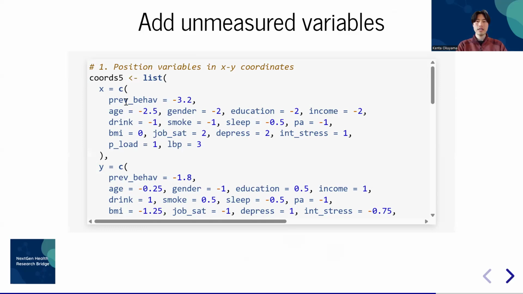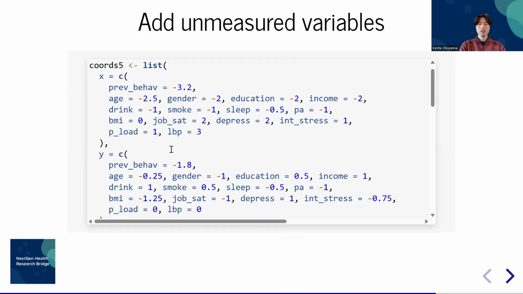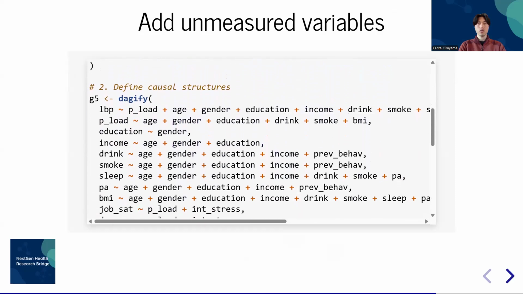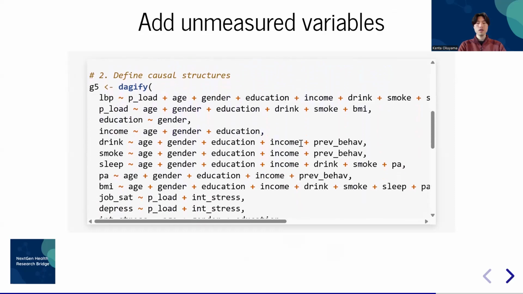So we place this unmeasured variable at the reasonable XY coordinates together with the rest of variables and define causal structure. For example, we think that previous health behavior matter to current drinking status, smoking status, physical activity, and also BMI.